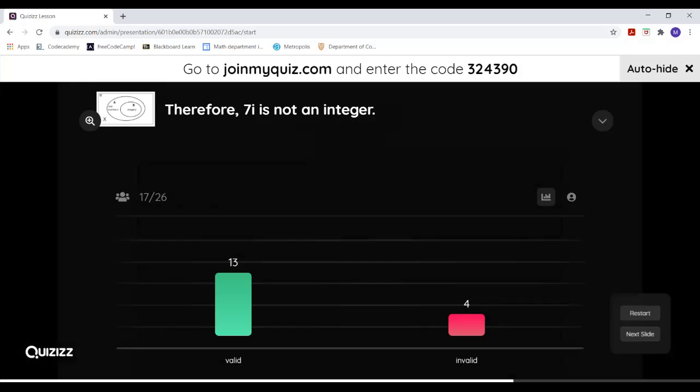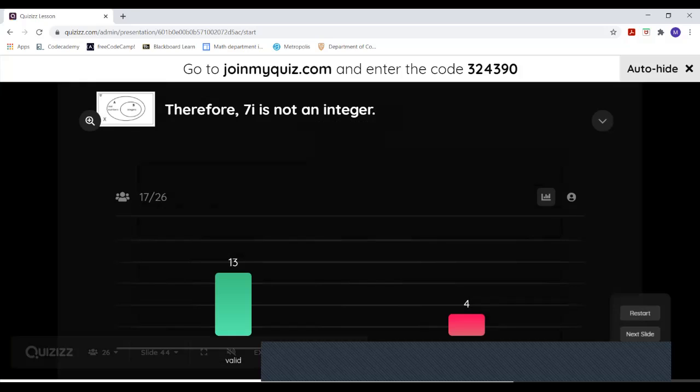Valid, right? This would be valid. So if we put it on the outside of real numbers, it also has to be on the outside of integers. And this makes sense. All our premises make sense. Our conclusion makes sense. If it is an integer, then it is a real number. 7i is not a real number. Guess what? 7i is also not an integer. So this is a valid conclusion.